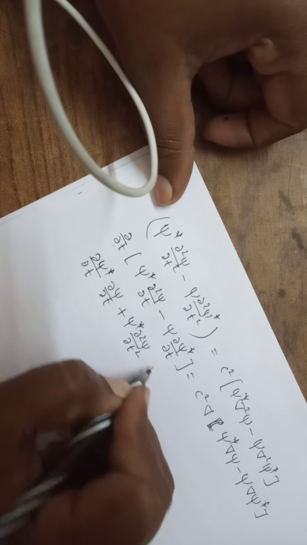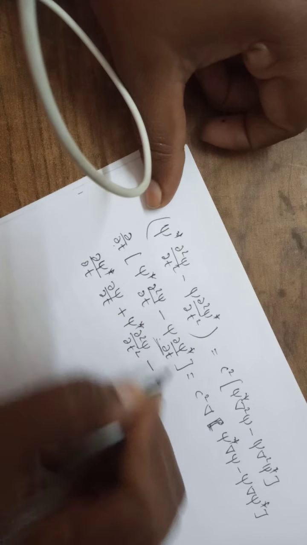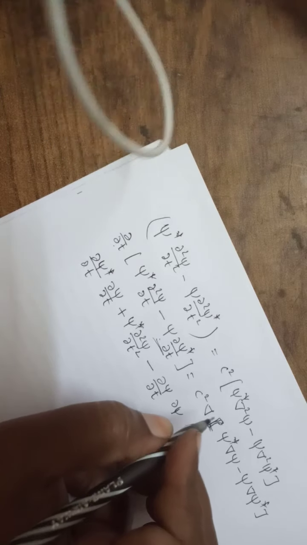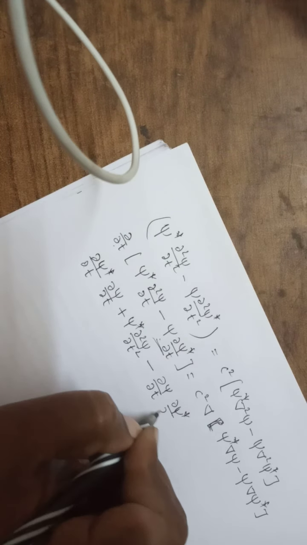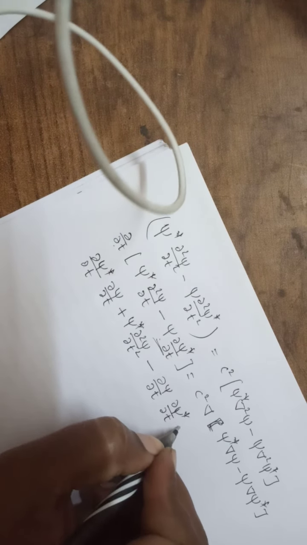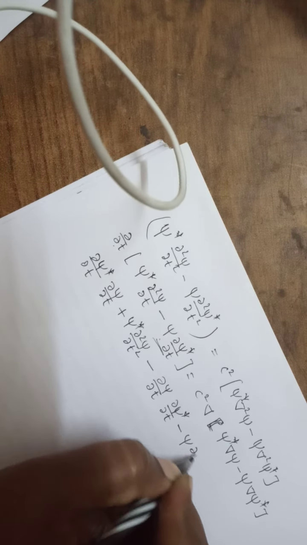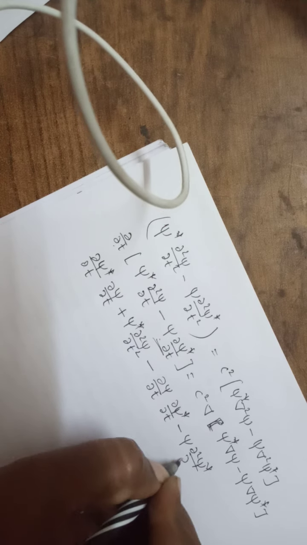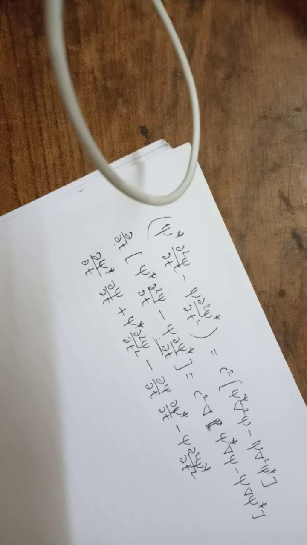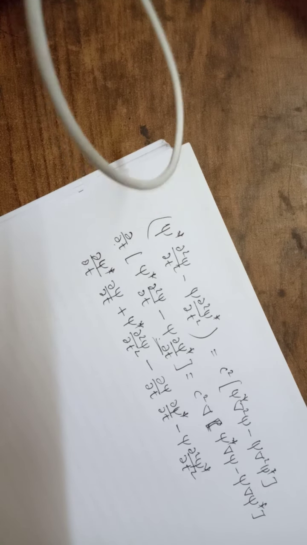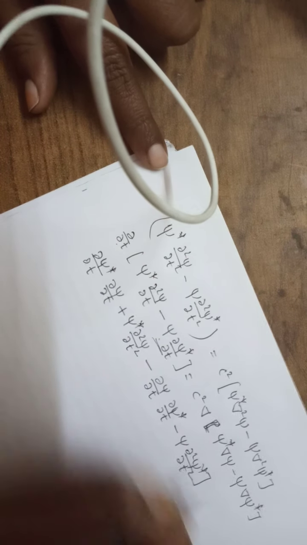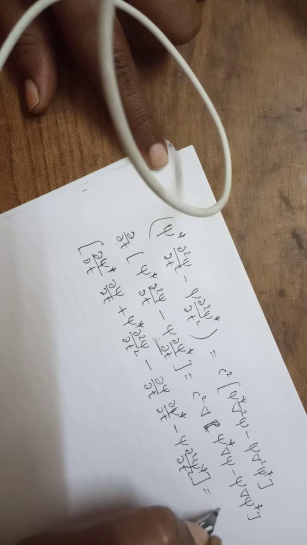Okay, again if you differentiate, again apply uv here. Okay, del psi upon del t, del psi star upon del t. Okay, next minus psi del square psi star upon del t square, equal to c square.